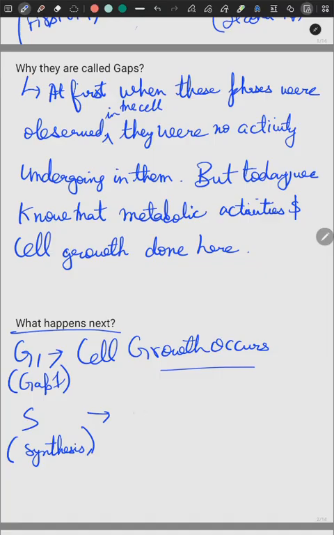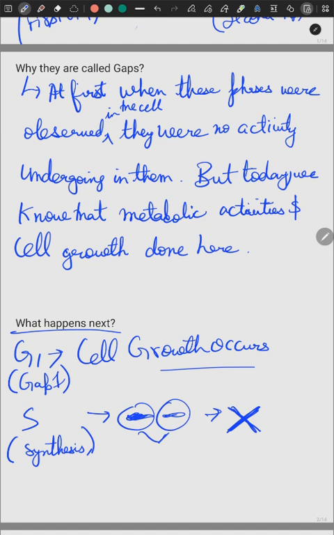Here the DNA gets replicated and transformed into chromosomes, but we cannot see them because they are not coiled here.